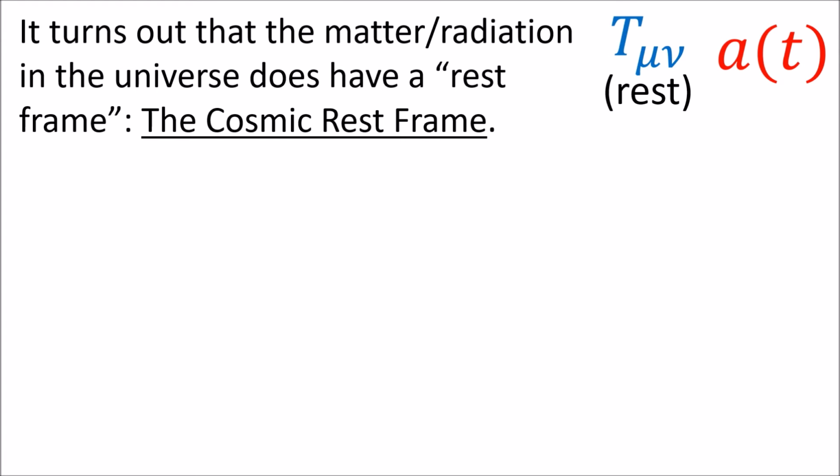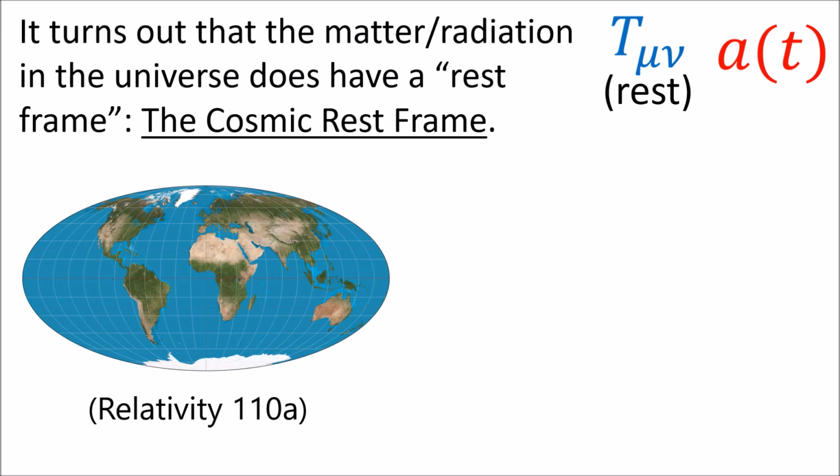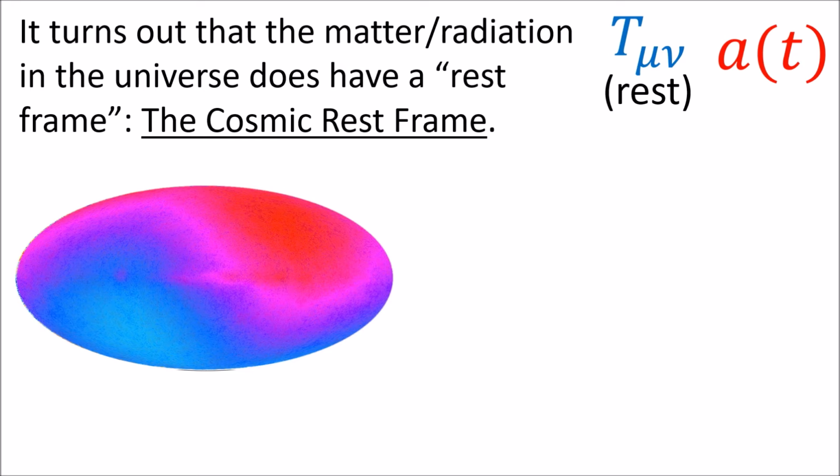It turns out that all the matter in the universe does actually have a rest frame called the cosmic rest frame. In the Relativity 110a video, I talked about how, if we look up at the sky from different parts of the Earth, we'll measure the cosmic microwave background radiation coming at us from all directions.